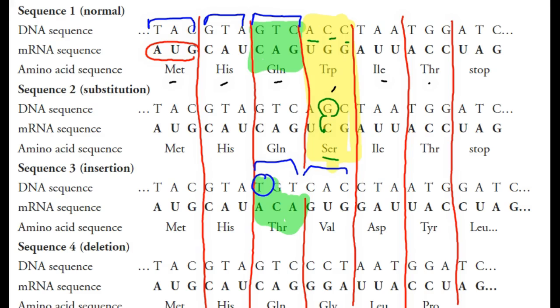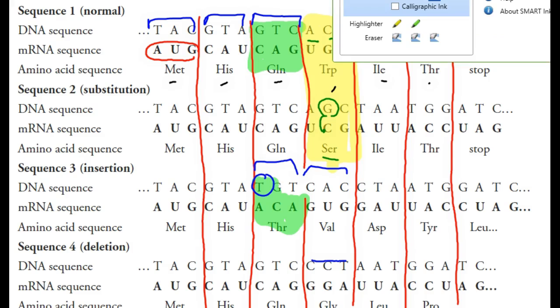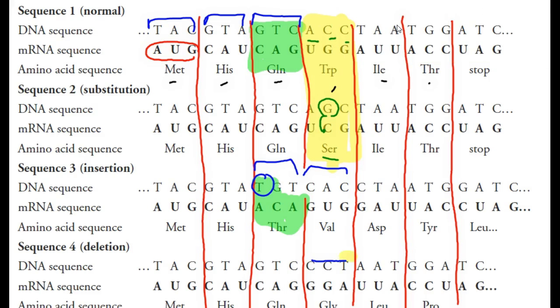Finally, if we look at the 4th sequence versus the first sequence, we have a change right here. 2, 3, 4. So we're supposed to be ACCT.